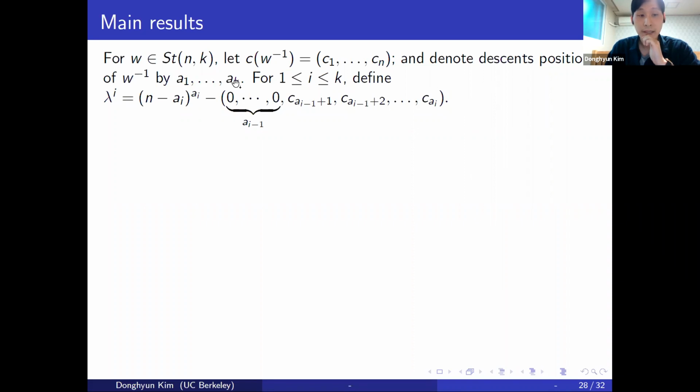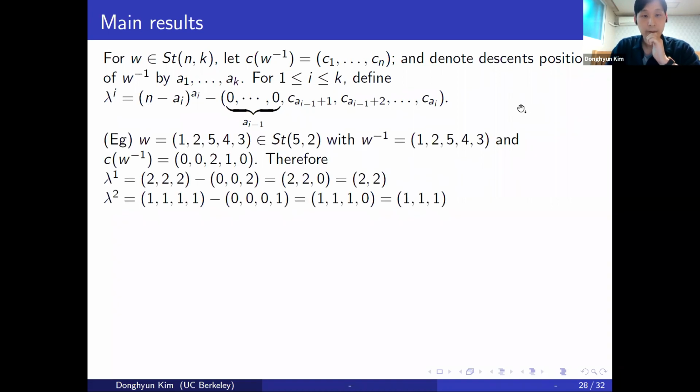And we will define k partitions, lambda^(i), for i from 1 to k. And this is the definition. For example, the permutation 1, 2, 5, 4, 3 is in ST(5, 2). And if we compute the two partitions, then the first partition is 2, 2, and the second partition is 1, 1, 1.